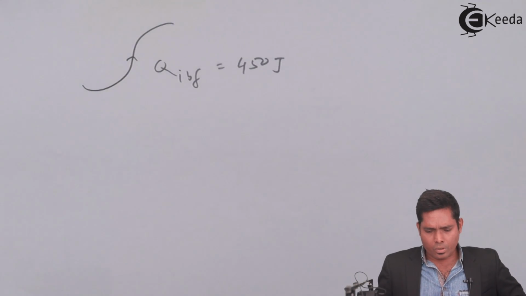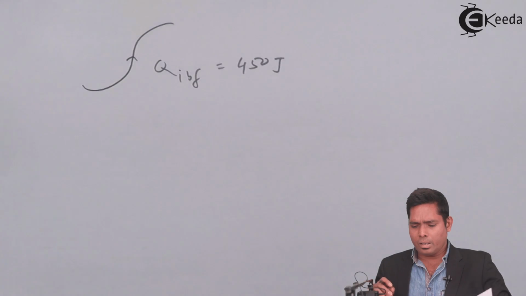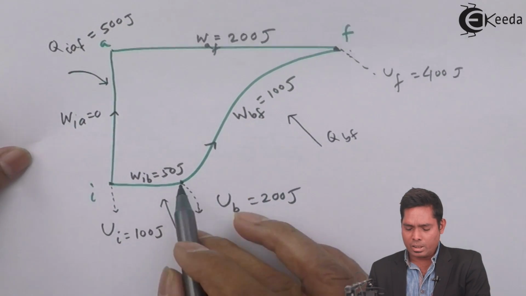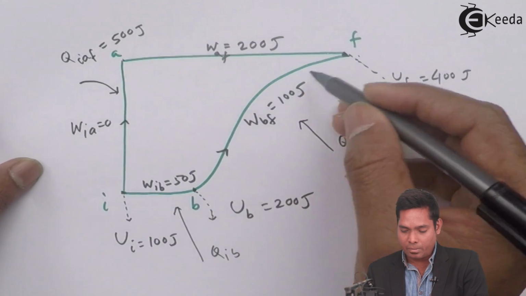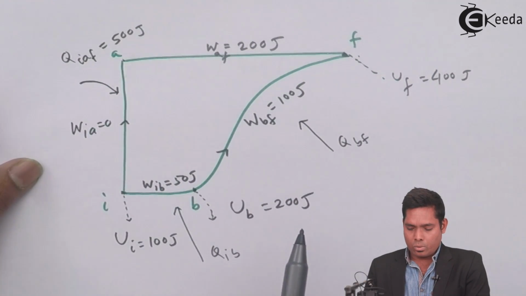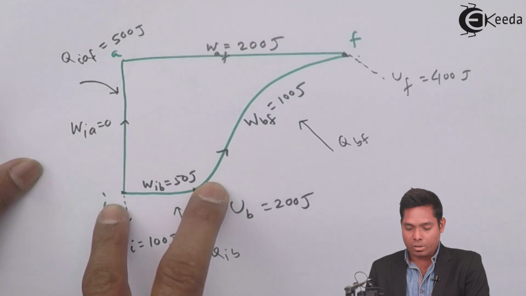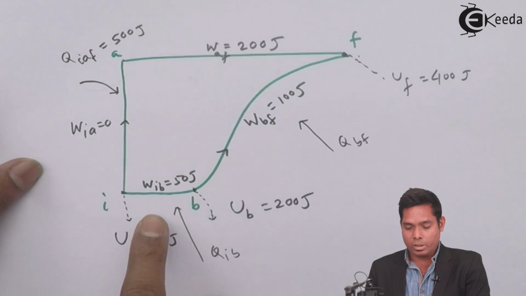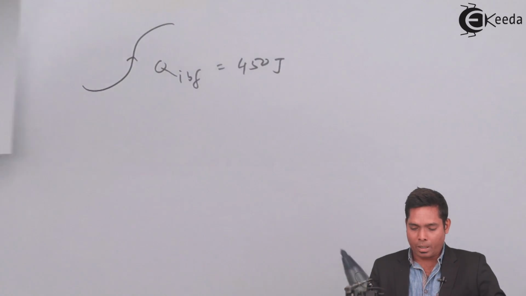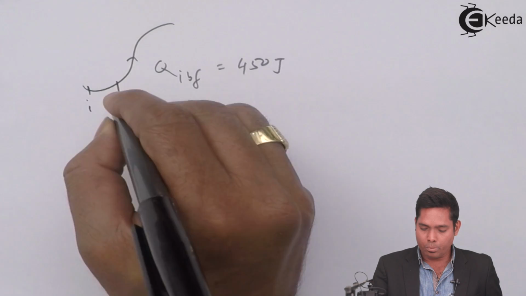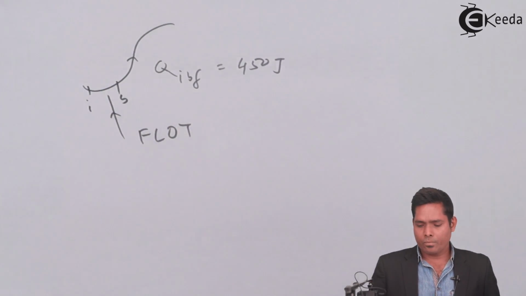Now individually, in I to B, how much heat is given, and in B to F how much heat is given? To do that, I must know the internal energy situation, because I know the work done, so the heat supplied can be obtained. So for this part of the curve, I to B, I have to apply the first law of thermodynamics again.